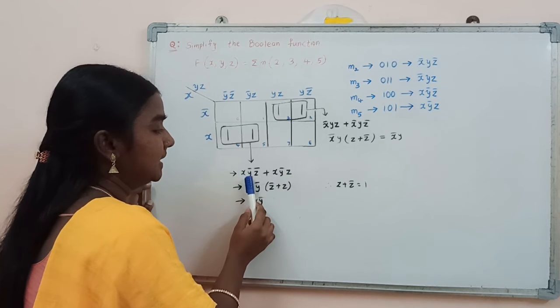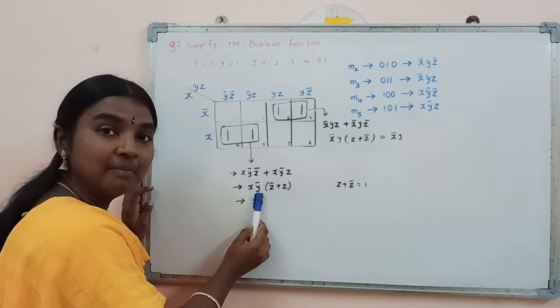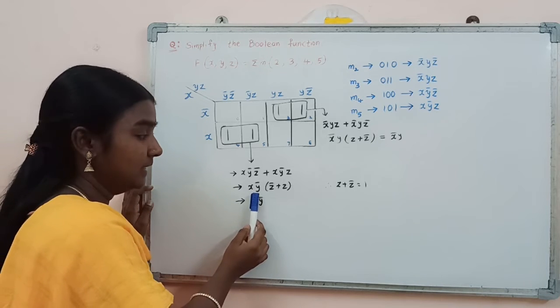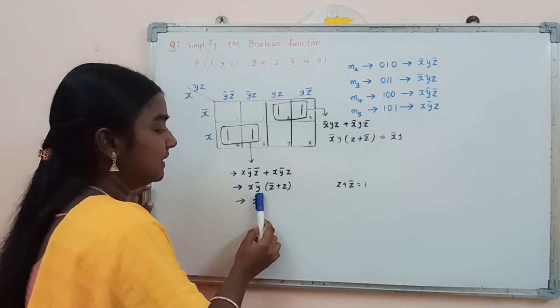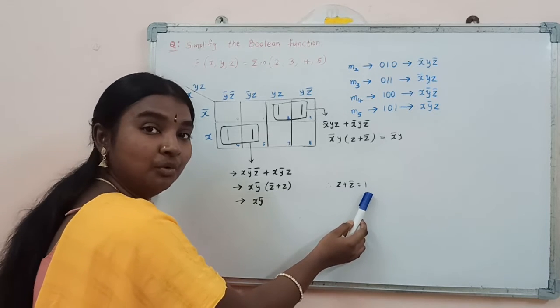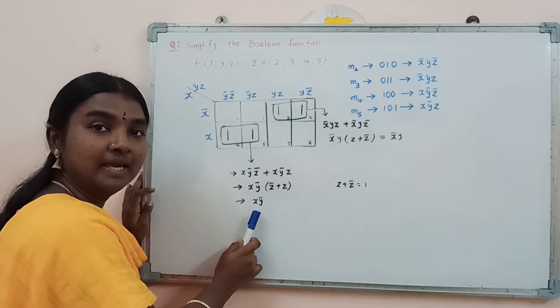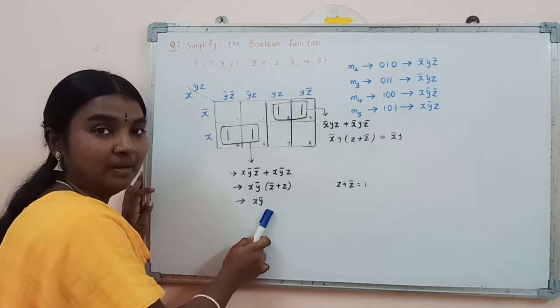By considering these two product terms, x, y bar variables are common here, so x, y bar will be common, and z bar plus z will be equal to 1. Now for this group, the product term will be x and y complement.